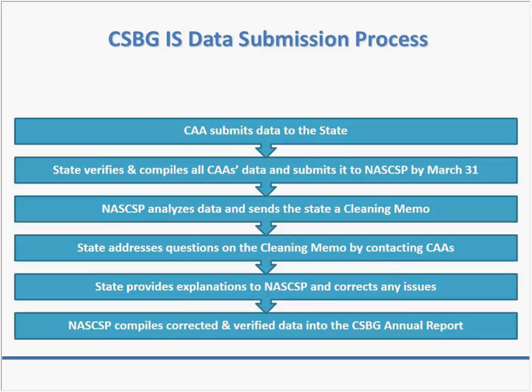The state has time to address the questions, go back to their entities, and verify the data essentially. Then the state provides NASCSP with a corrected database and updated cleaning memo. We review all of that, ensure everything has been corrected and verified, and then finalize the IS data for that year.